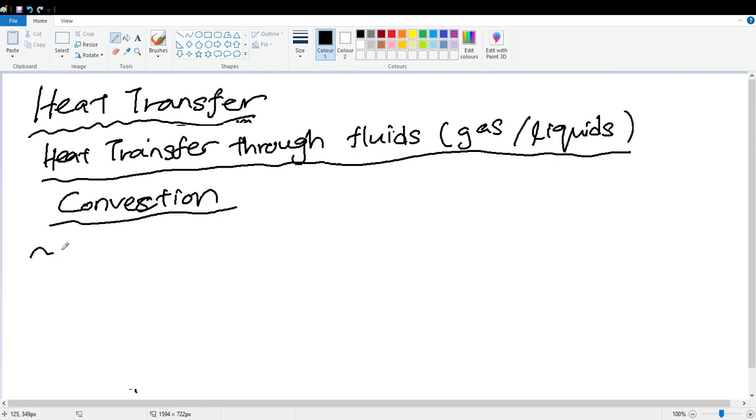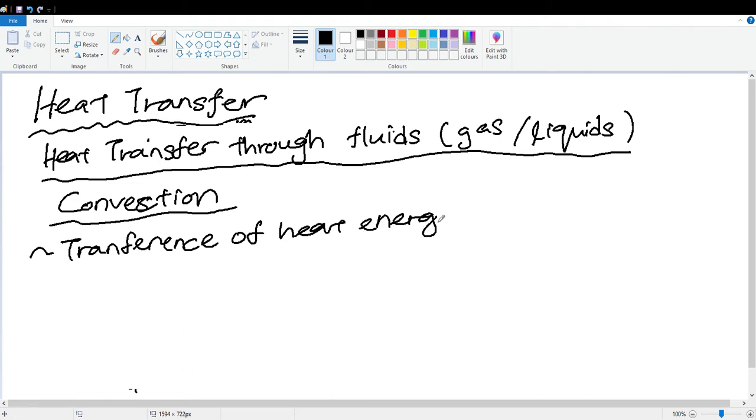Convection is the transference of heat energy within a fluid. Fluids can be gas or liquids.